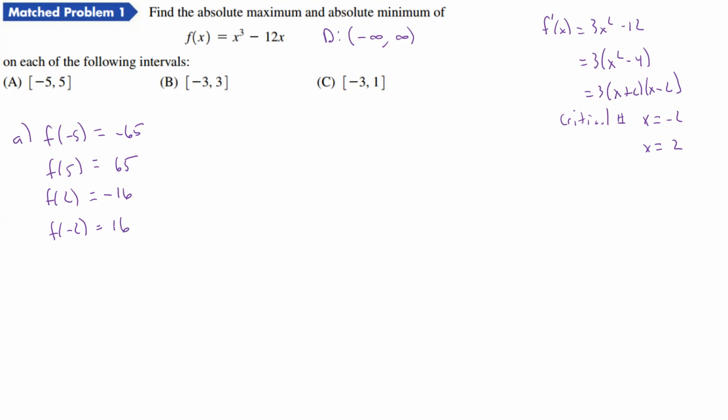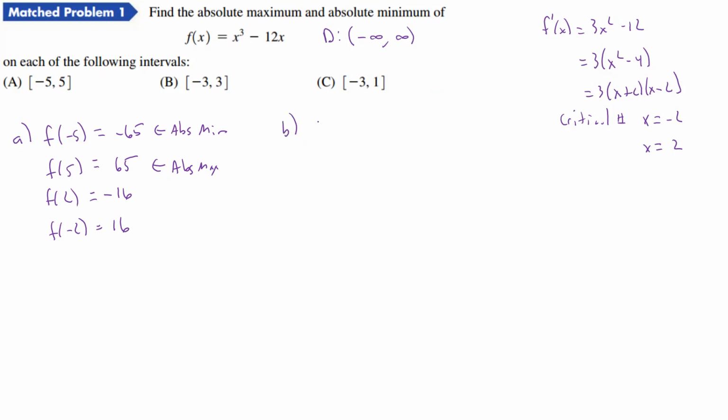Okay. All right, so now we've got all of those. Now we look at the absolutes. Well, this one looks to be the absolute min because it's the smallest one possible. And this one is going to be what? The absolute max.